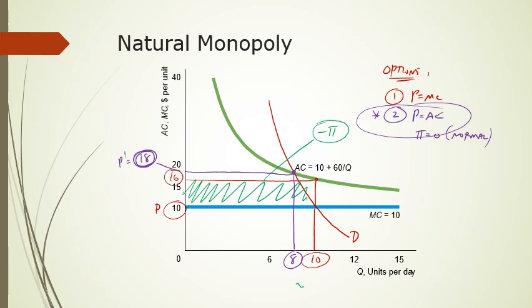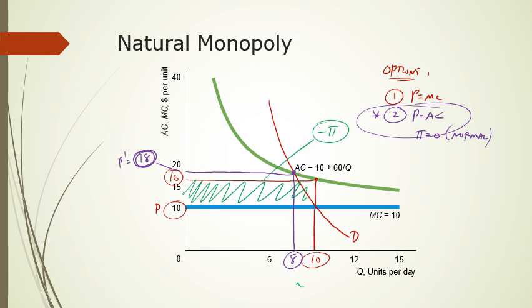The second best option is to put price at average cost. Okay, now this is going to sacrifice some deadweight loss, but it will allow the firm to earn zero, not negative, economic profit. So normal profit.